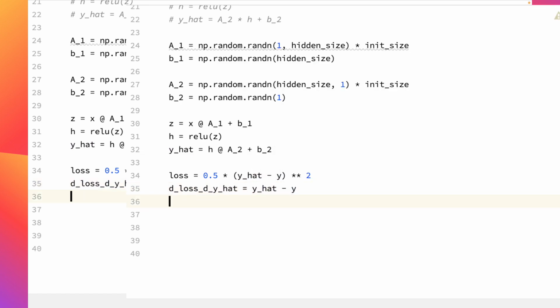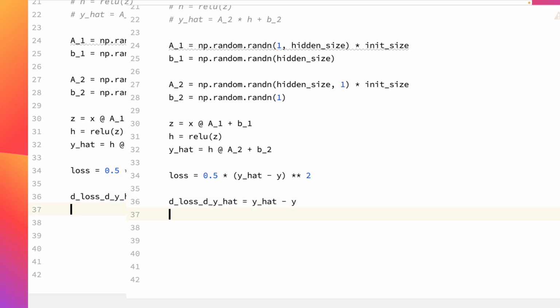Okay, now here comes the interesting part. We need d loss over d everything. So d b2 is just the very same thing. Imagine some y hat is a little bit too big. How do we change b2 such that the loss is a little bit worse?